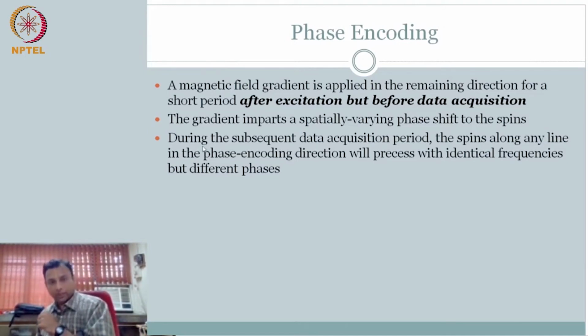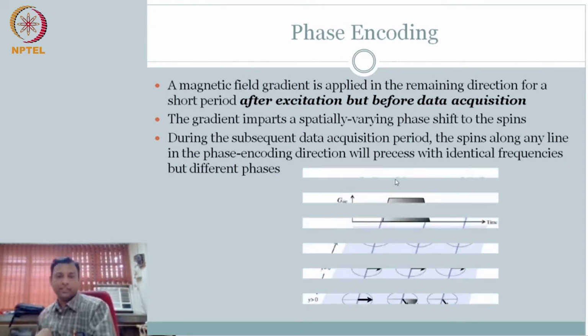Now during subsequent data acquisition, you are doing frequency encoding in the x direction. So all the spins are going to precess according to their frequency encoding along x. At a particular x location, along y, everything is going to have the same frequency of precession, but each one will be at a different phase. So this is the idea behind phase encoding.